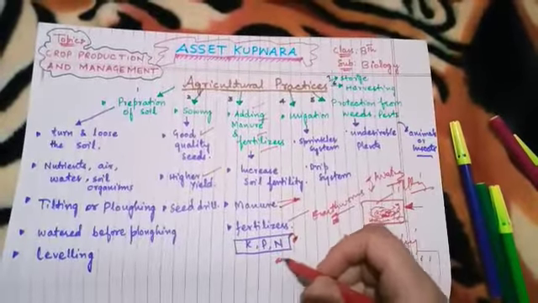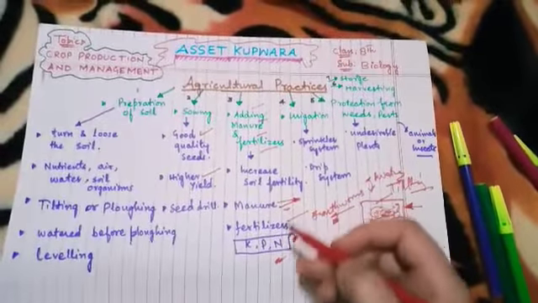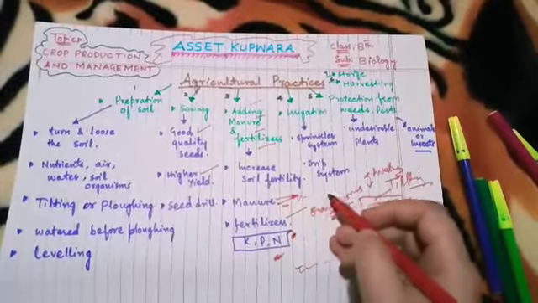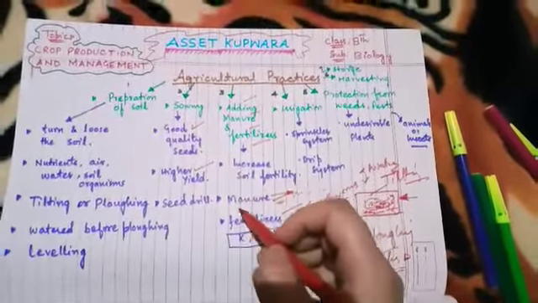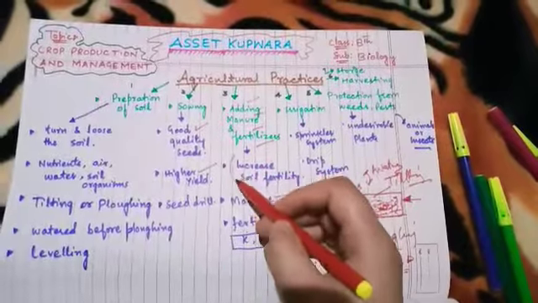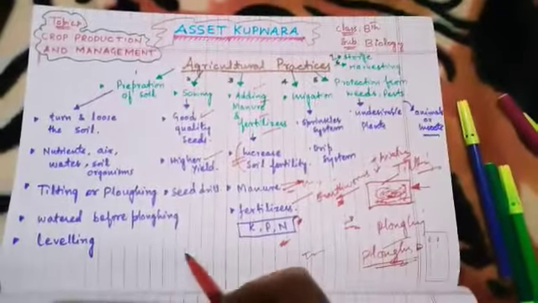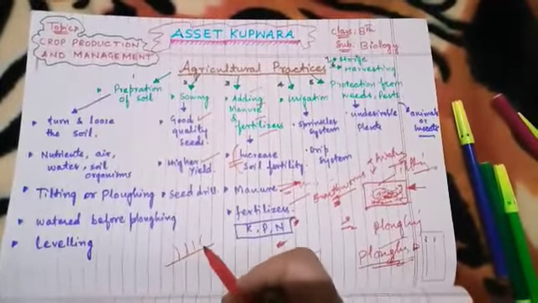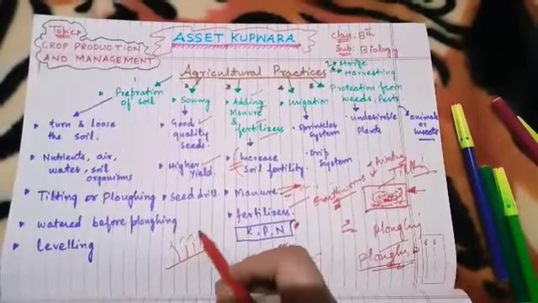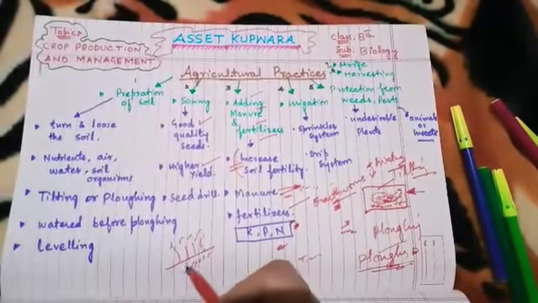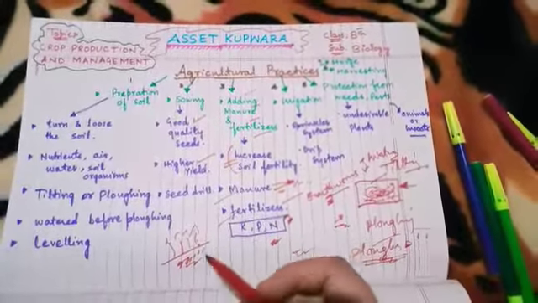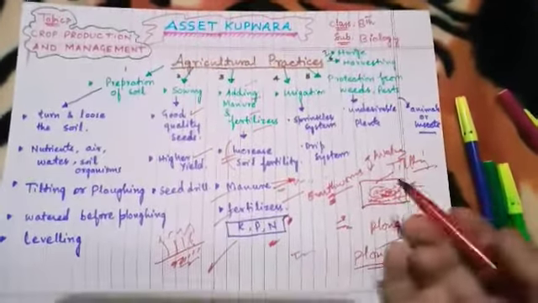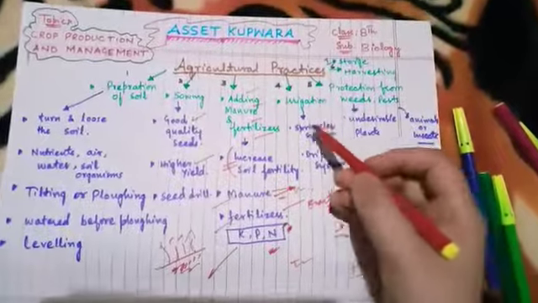They are mainly chemicals, while manures are organic: vegetable peels, leftover food, etc. These manures and fertilizers increase the soil fertility. When we grow a crop, it needs some nutrients and the soil becomes nutrient depleted, and then when we add these fertilizers, the soil gets its nutrients back through these fertilizers and manures.